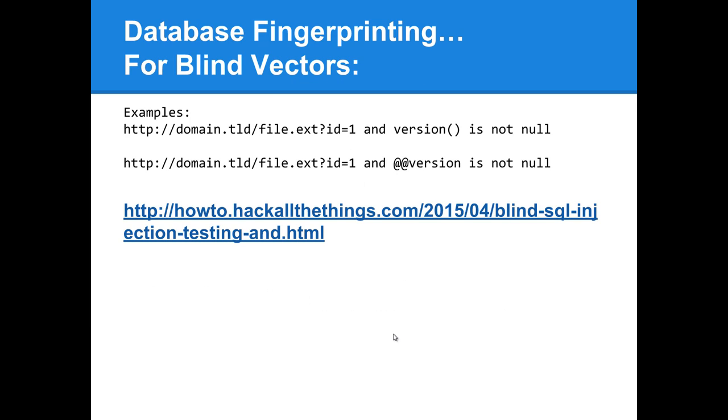For blind vectors, it is still testable. One way to do it is injecting a conditional clause, and either the function test is not null or the variable test is not null. Additionally, this is discussed further on our blog at howto.hackallthethings.com in our blog title, Blind SQL Injection Testing and Fingerprinting.